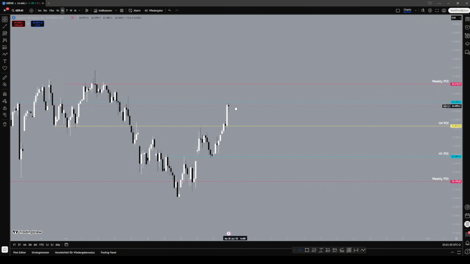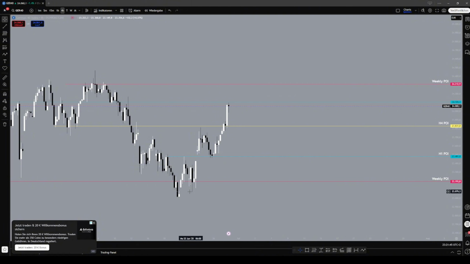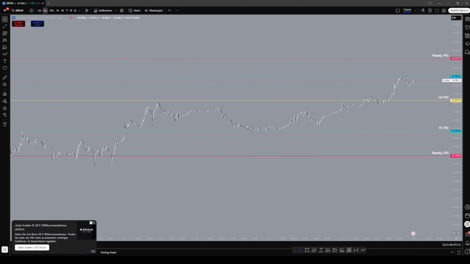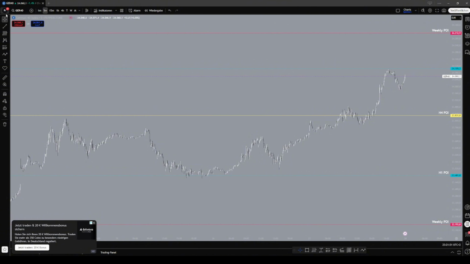So trends are parts of bigger trends or smaller trends. So you have a trend within a trend sometimes, because if you look in the M5, we also have a known trend in the M5 chart. And it's maybe a smaller structure here, or a bigger structure if you go into the higher time frames.